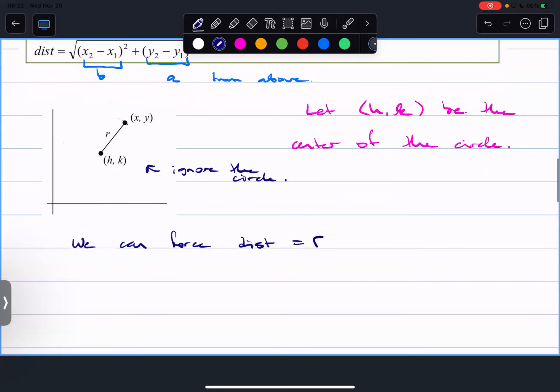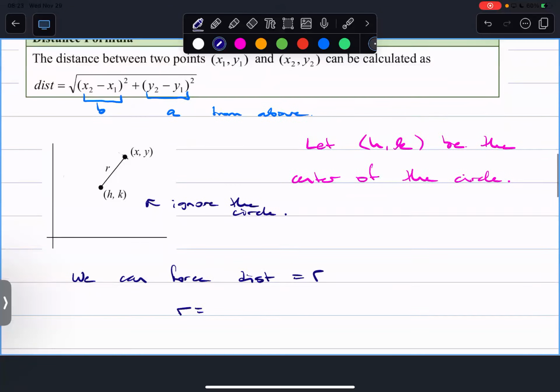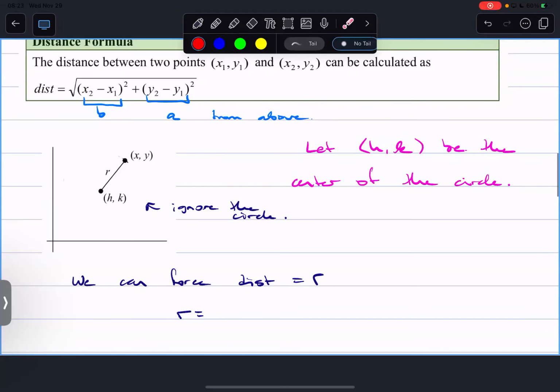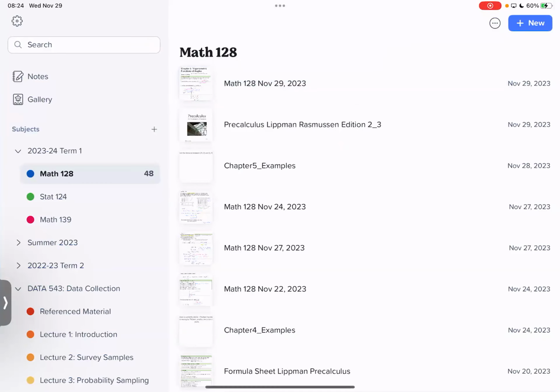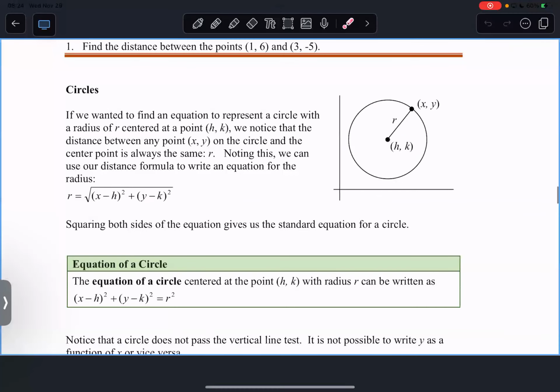So then I have r is equal to, let's see here, I want to put them in the right order. Which one am I naming point 1 and point 2?